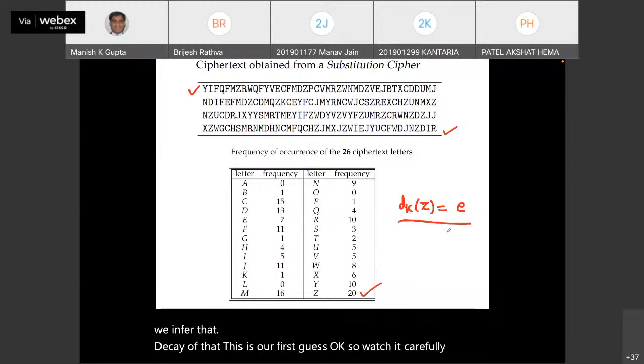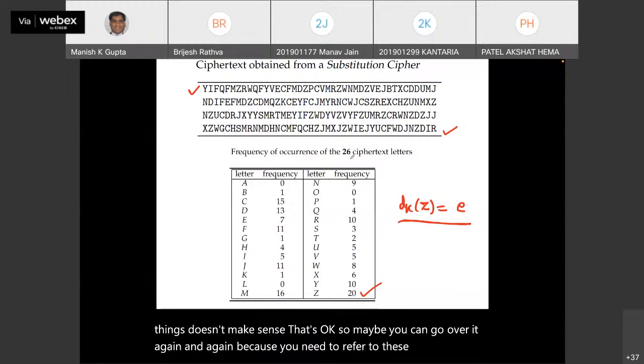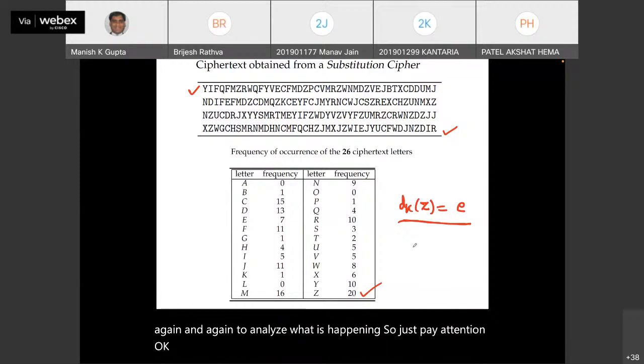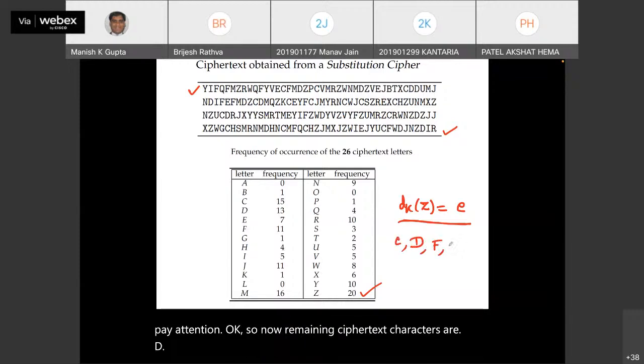If a few things don't make sense, that's okay, you can go over it again and again, because you need to refer to this ciphertext again and again to analyze what is happening. Just pay attention. Now the remaining ciphertext characters are C, D, F, J, M, R, and Y.